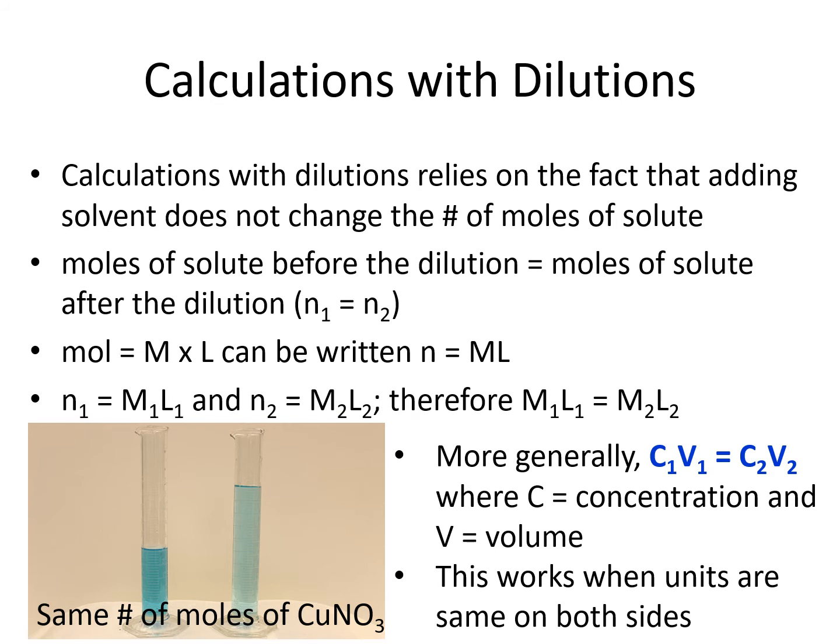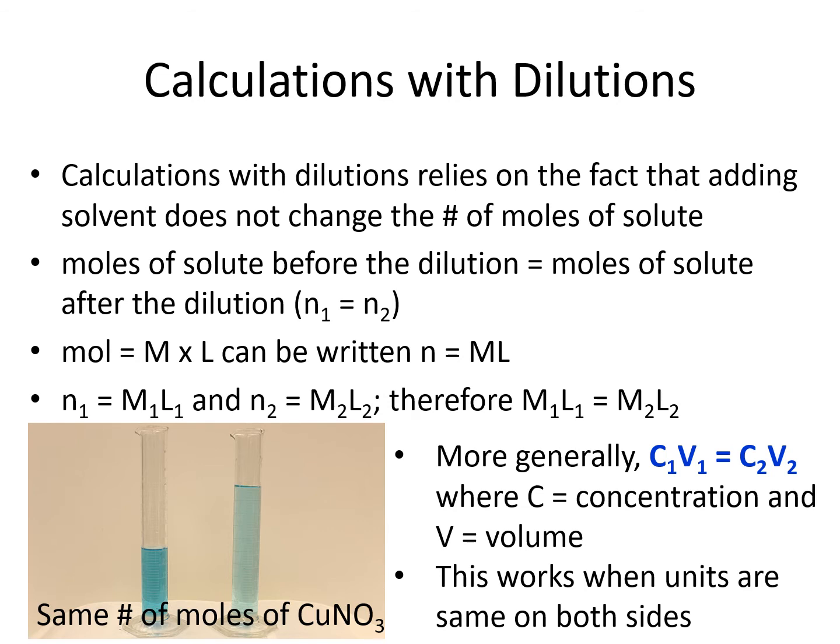We can do this for any variety of units of concentration and any variety of units of volume, as long as they're the same on both sides. So in this case, with our dilution equation, we can have milliliters as our volumes, as long as we're consistent about it.